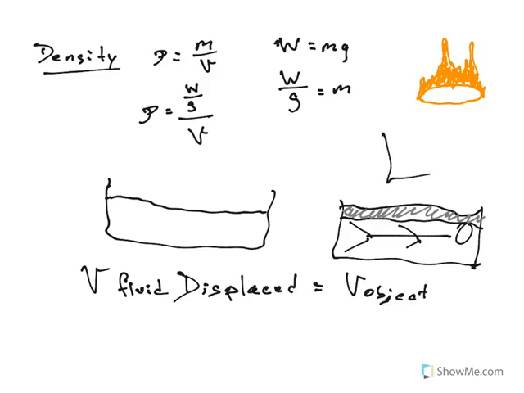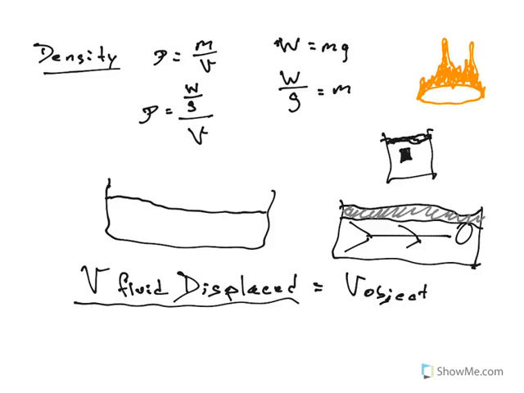If you have a cup of water and you put an ice cube in it that's this big, well, that volume of fluid had to move out of the way to make room for that ice cube. So the water level rises a certain amount. How much? Exactly the same as the volume of the ice that you put in. So he figured out the volume of the fluid displaced when he got into the bathtub is the same as his own volume.